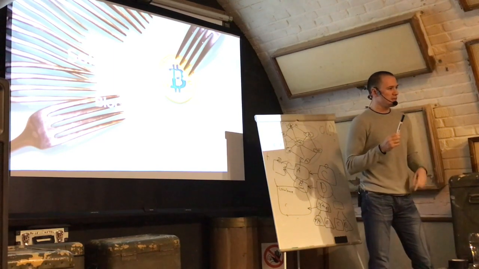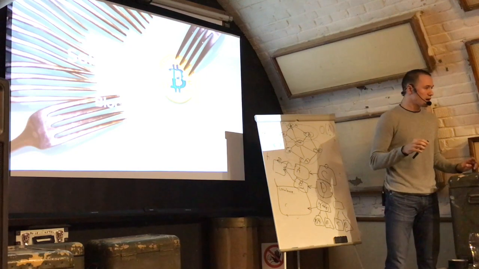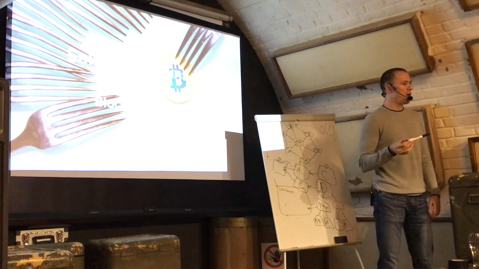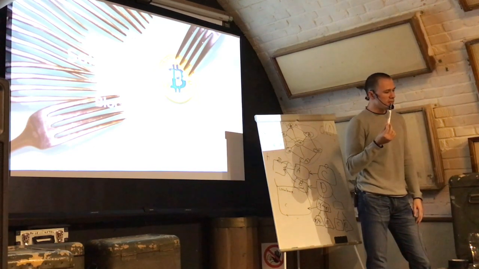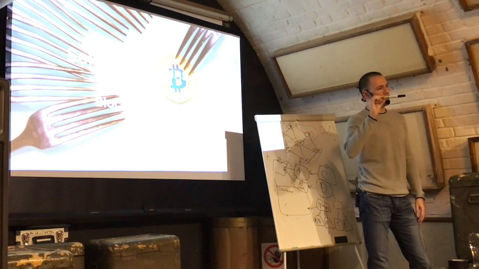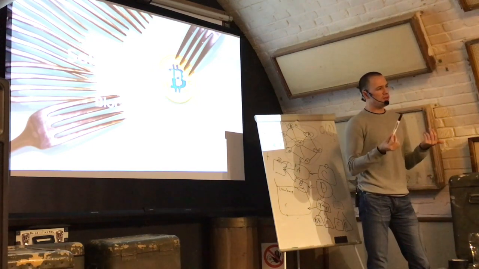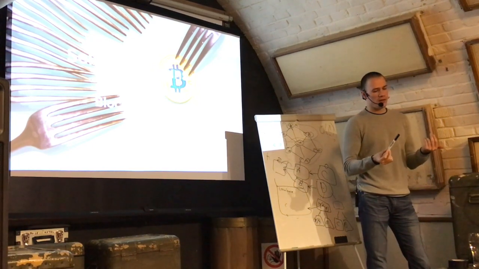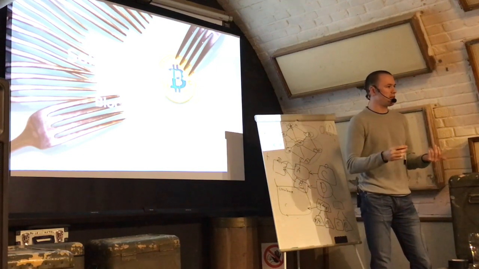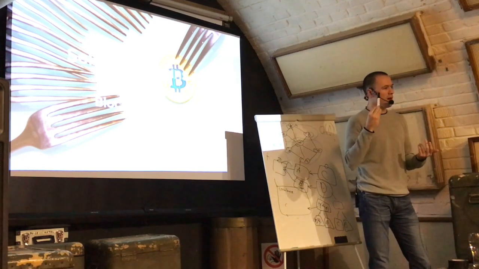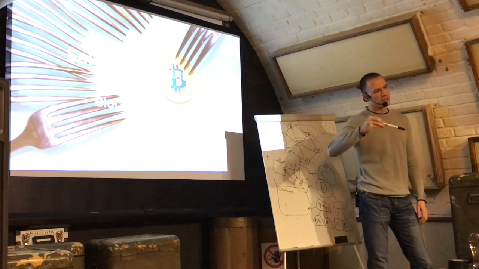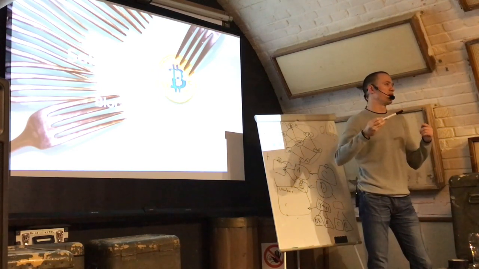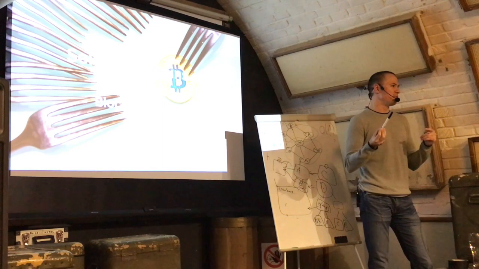But what the network does is this target is actually recalculated by the network after 2016 blocks have passed. The network will look at the past, because computation power changes. Bitcoin was invented in 2009. Computation power of, I don't know, a graphic card was a lot less than what it is now. So they had this in mind. They implemented it in a way for the network to check the previous 2016 blocks, and compare it to the time that it would take, like 20,160 minutes.